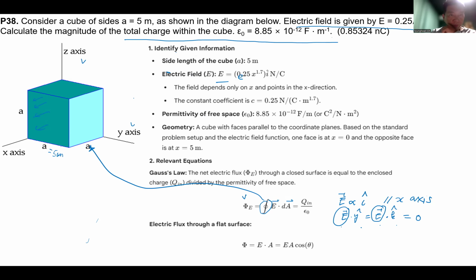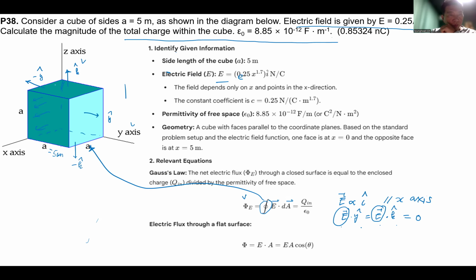In other words, if you think about this normal vector, it is parallel to k, and this normal vector is parallel to y. And at the bottom, this is minus k, and the side here is minus y.